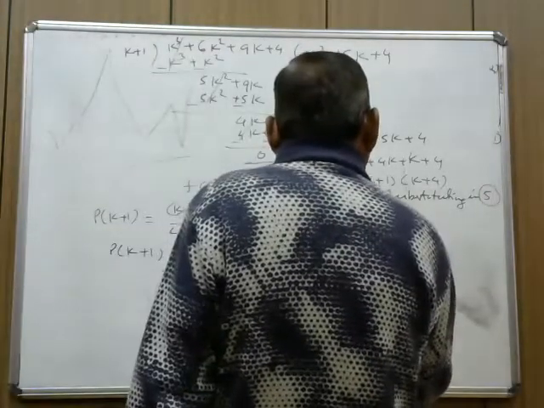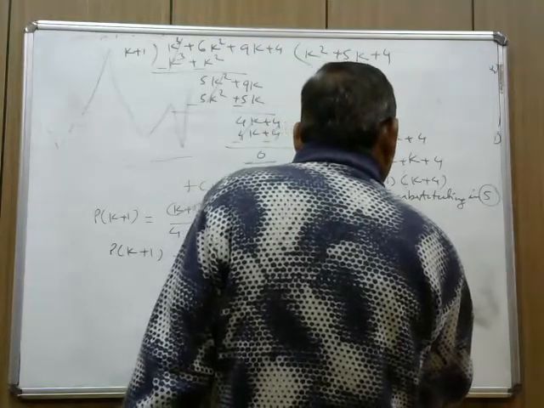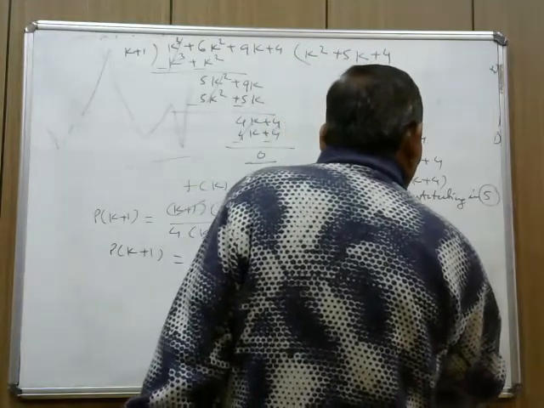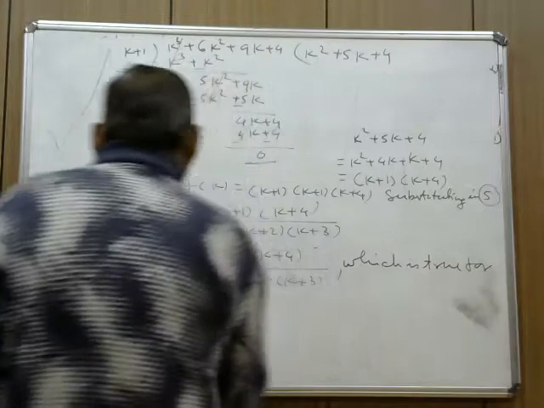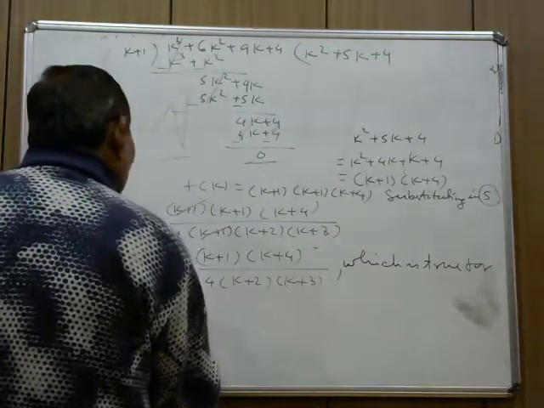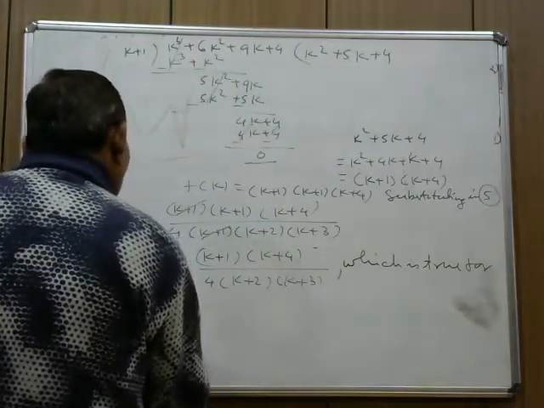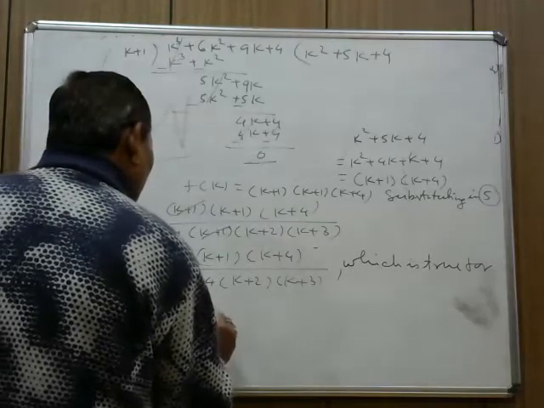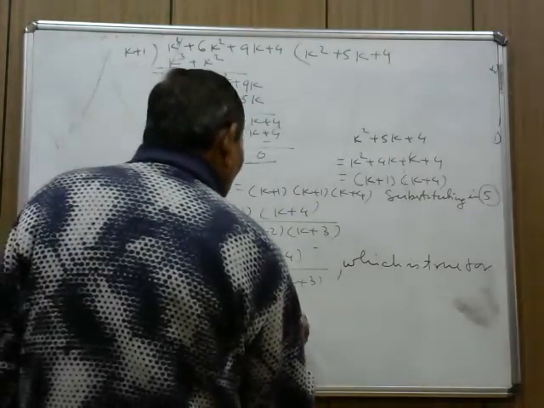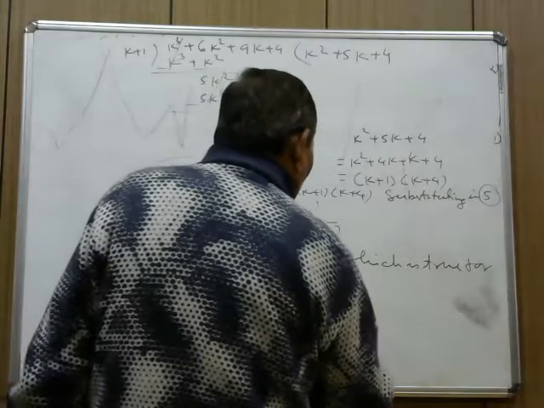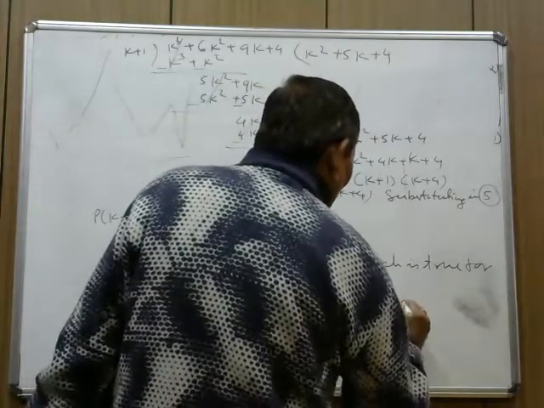This is true for n equal to k plus 1. Hence, P of n is true for each n belongs to N.